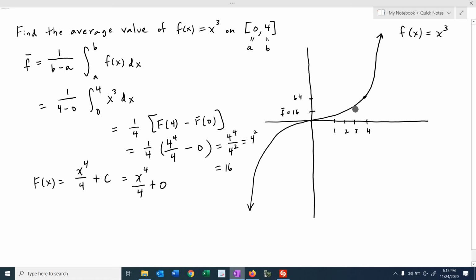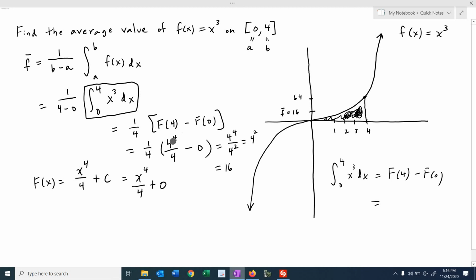So if we look at the diagram again, when you find this definite integral right here, you're finding the area that's trapped between the function and the x-axis. In this case, it would be the area in here. And if you look at that, this is F of 4 minus F of 0.